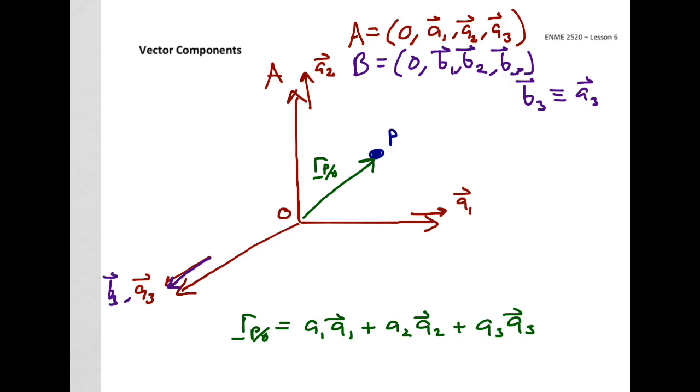And then our two other basis vectors for reference frame B are going to be as if we rotated A1 and A2 within the plane made by A1 and A2. All right, so what this looks like is this.